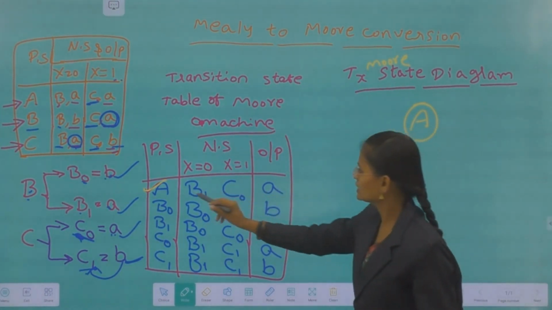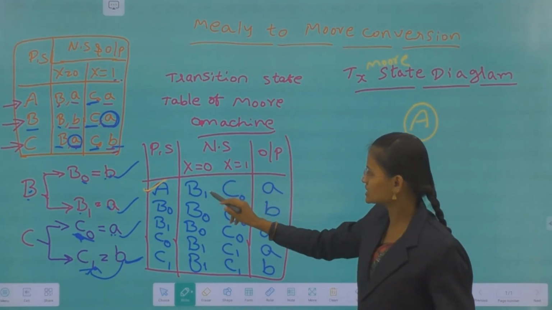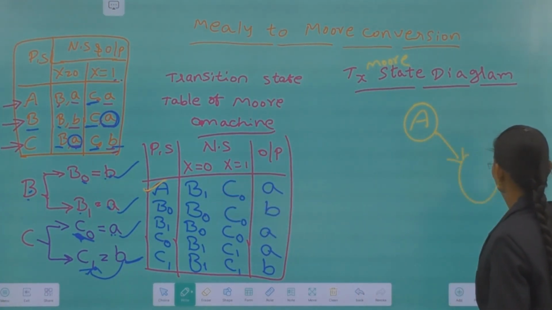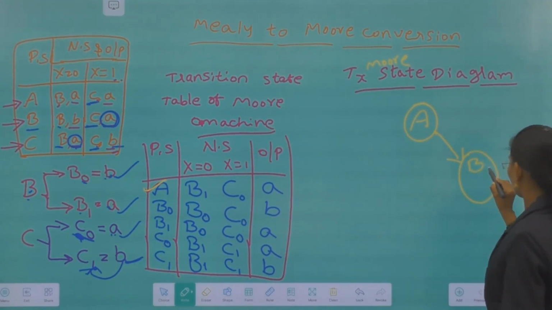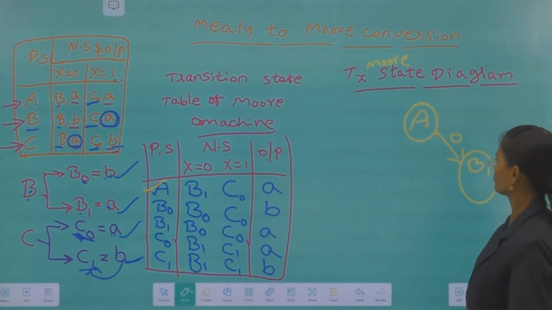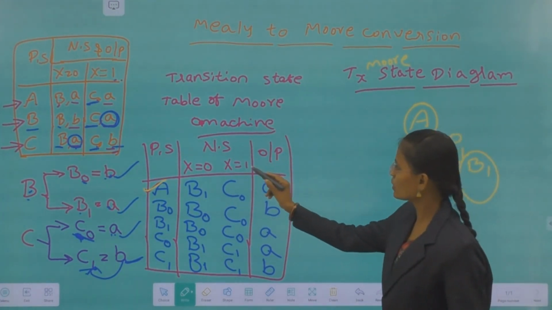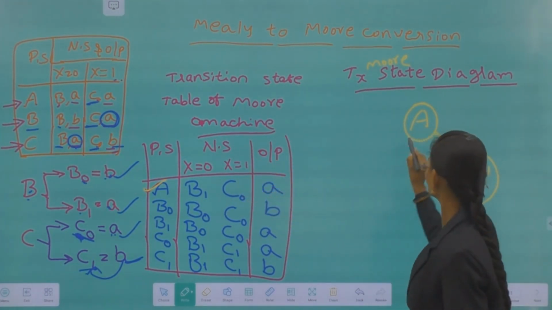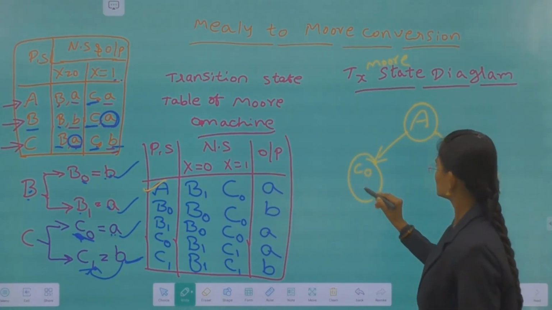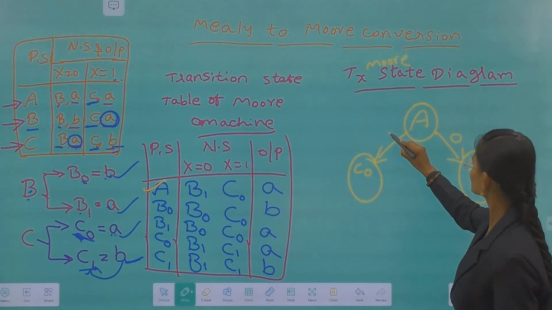Here, if x equal to 0, the next state goes to the B1 state. Here x is 0. And next, if x equal to 1, the next state goes to C naught. Here the input is 1.